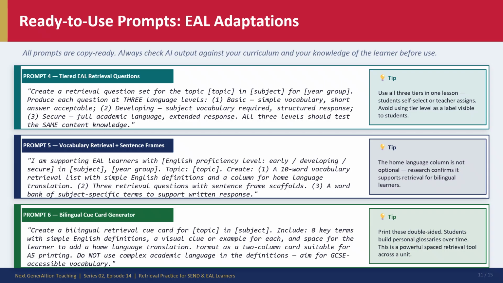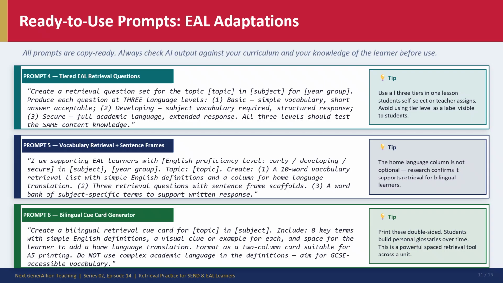Prompt 5 is vocabulary retrieval and sentence frames. Ask AI to generate a vocabulary retrieval list, simple definitions, a home language column, and 3 retrieval questions with sentence frame scaffolds all in one prompt. And prompt 6 is bilingual cue card generator.